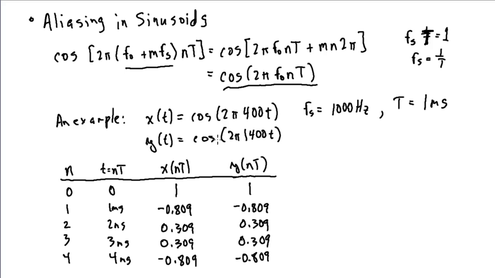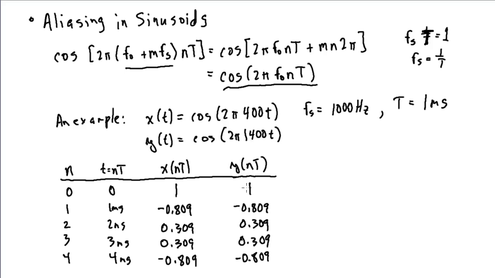Of course, this would also be true for m equal 2, so 2400, 3400, 4400, 5400, sampling those higher frequency sinusoids, sinusoids whose frequency violates our Nyquist criteria. Those sinusoids in the discrete time domain appear to be lower frequency sinusoids. This 1400 hertz signal is indistinguishable from this 400 hertz signal.